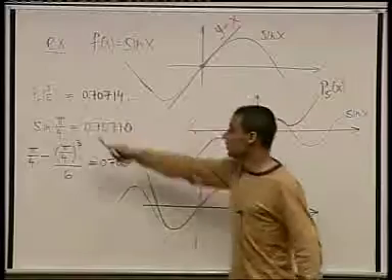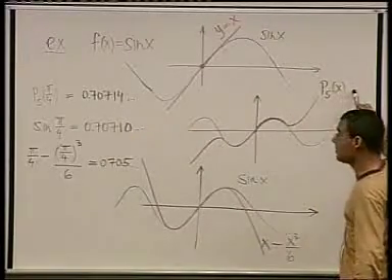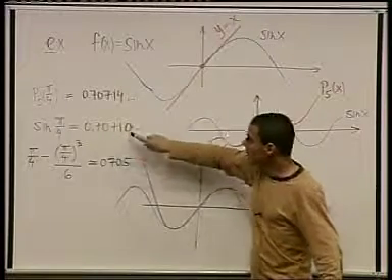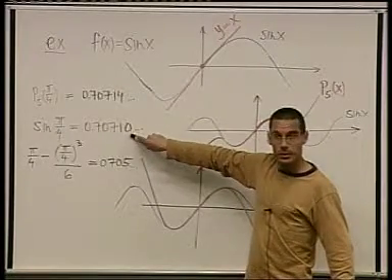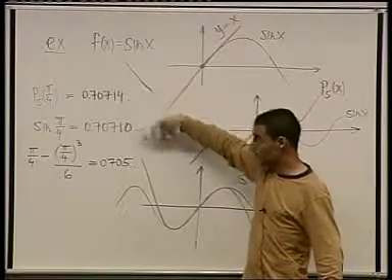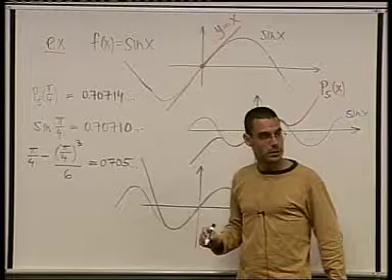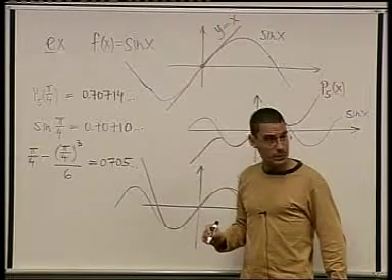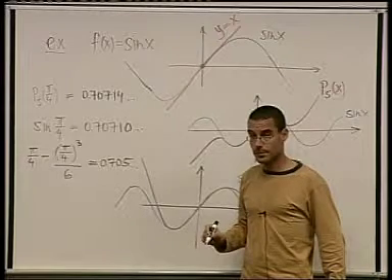So if you are willing to go as far as P5, your error is only at the 5th digit after the decimal point. You're getting pretty accurate. Clear? Everybody? Questions?